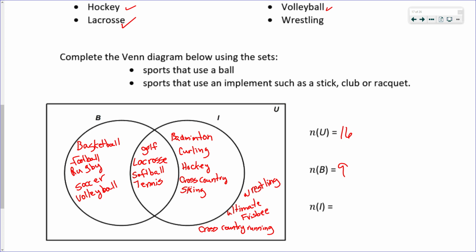So I got 9 for B. And then the number in I, so that's including everything that just uses the implement as well as everything in the middle. So 1, 2, 3, 4, 5, 6, 7, 8. Sorry, I included cross-country skiing twice. It's just once, so 8 there.